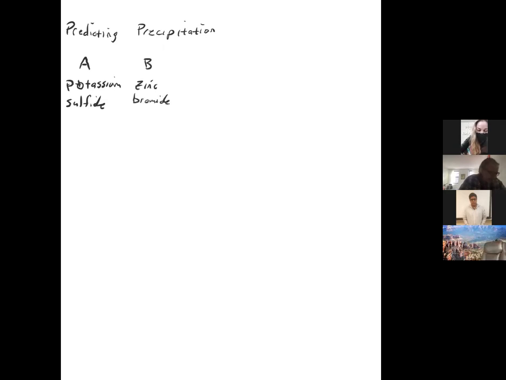Okay. And then the question is, do you get a precipitate? Is there a precipitate? PPT question mark, meaning is there a precipitate? And then you're just going to select yes or no. And then the last column is what's the empirical formula of the precipitate.